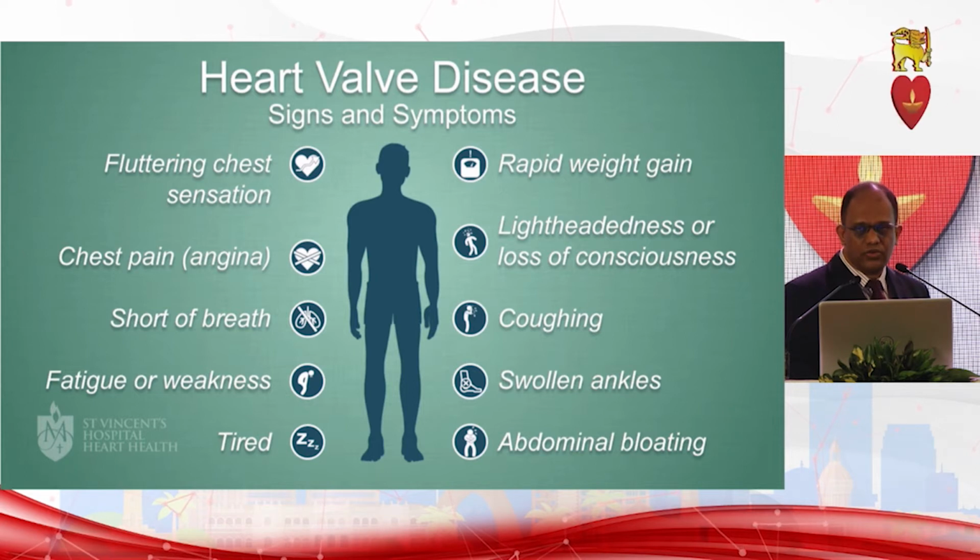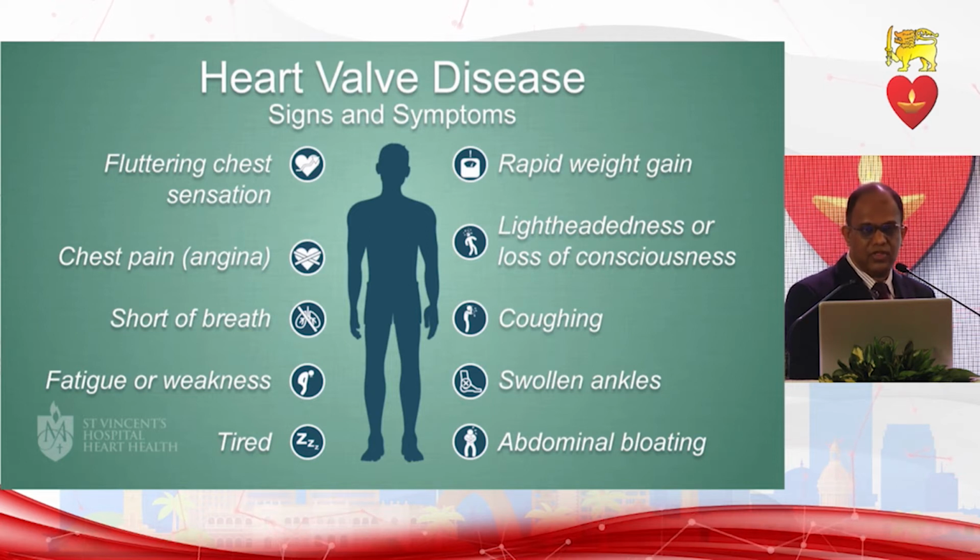Most of the time, in the initial stages of valvular heart disease, patients are asymptomatic. When the valve disease advances, they develop features of heart failure, arrhythmia, or chest pain due to angina.